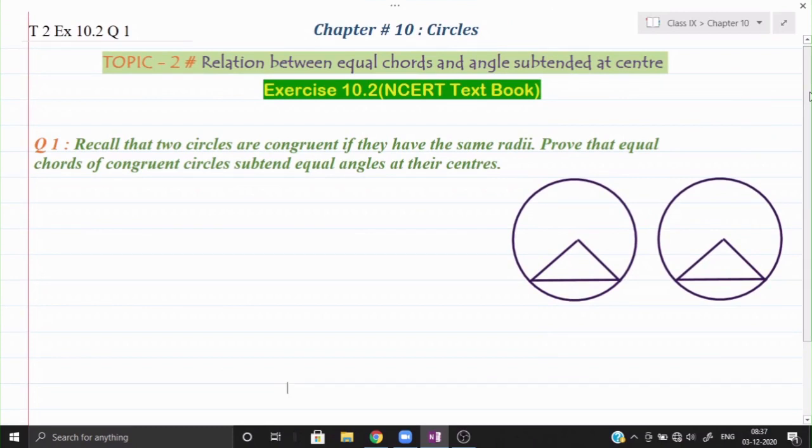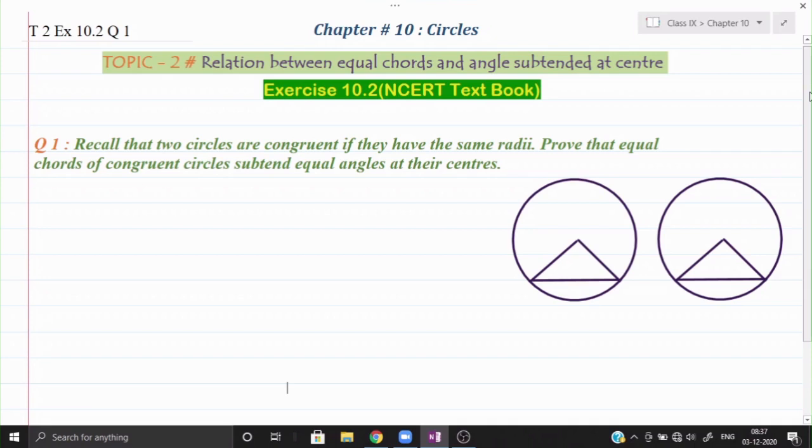See, in the first question we have given that recall that two circles are congruent if they have the same radii. Means two circles will be said to be congruent if their radii are the same. Now they are saying here, prove that the equal chords of a congruent circle subtend equal angles at their center.